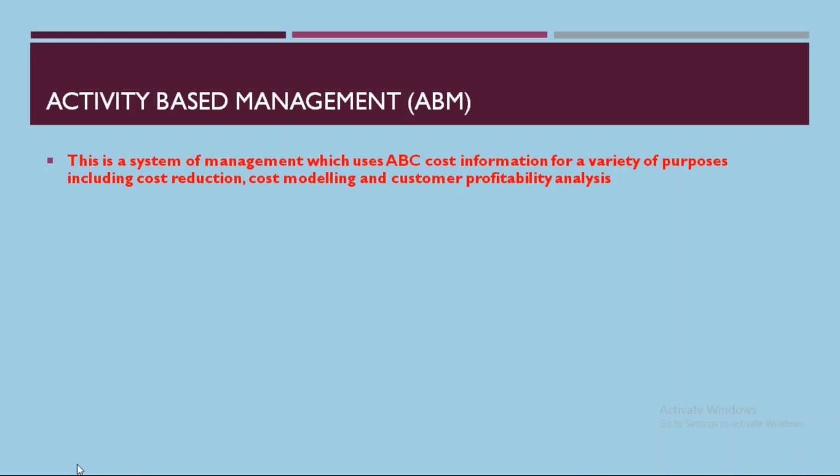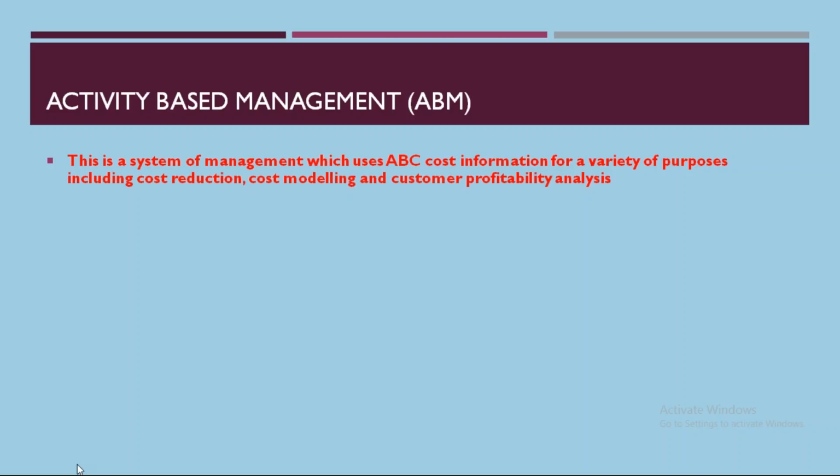The base is activity-based costing, but we use it very strongly to make decisions. We manage our decisions based on activity-based costing, and that's what we call ABM, very specifically for customer profitability analysis, and also to see where we can reduce certain costs.